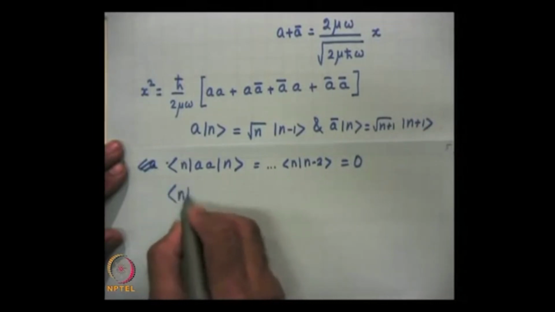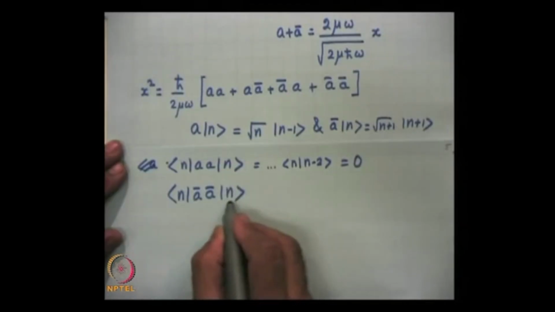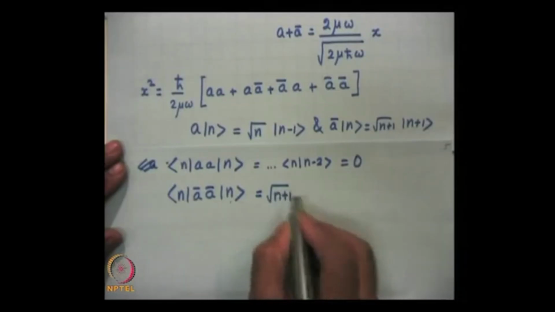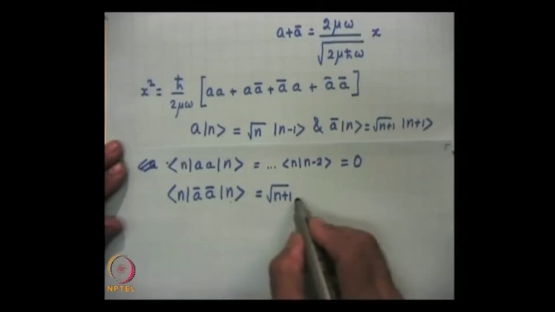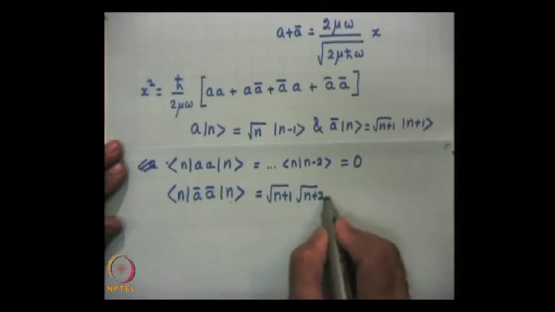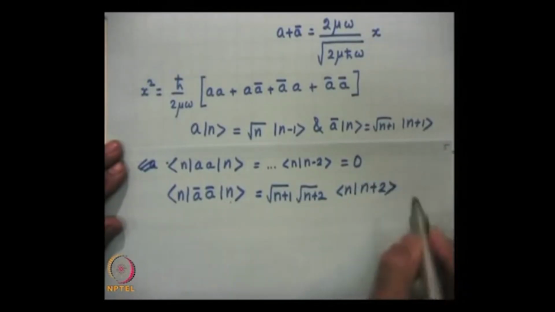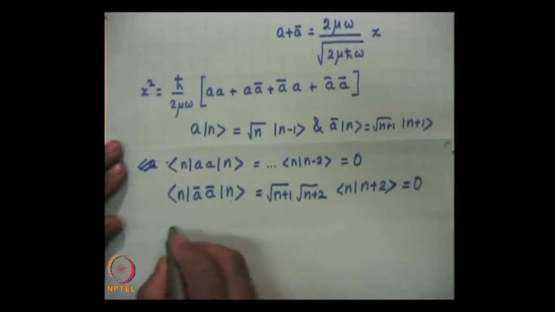Similarly, for A bar A bar, A bar ket n is square root of n plus 1 ket n plus 1, and then A bar ket n plus 1 is square root of n plus 2 ket n plus 2. So, this is also 0, because these two numbers differ by 2. The only non-vanishing matrix elements will be bra n A A bar ket n and bra n A bar A ket n.